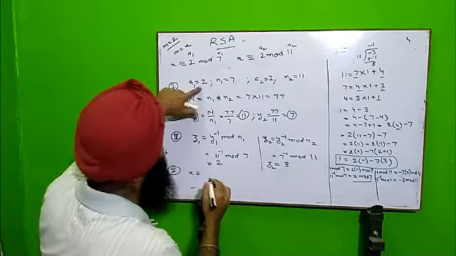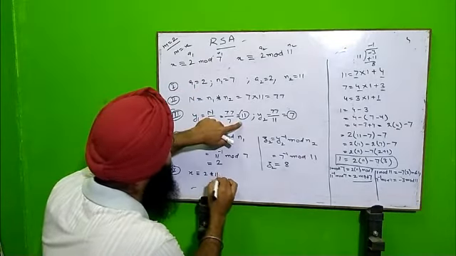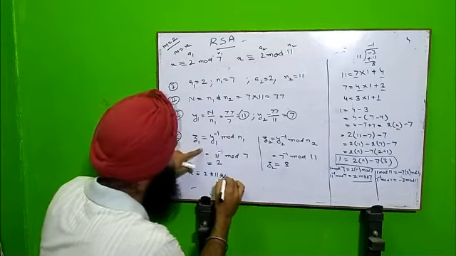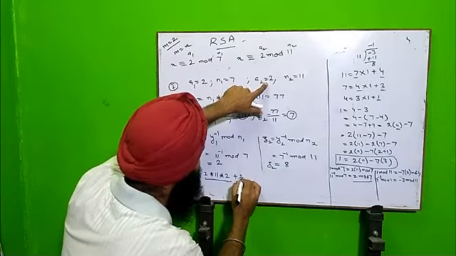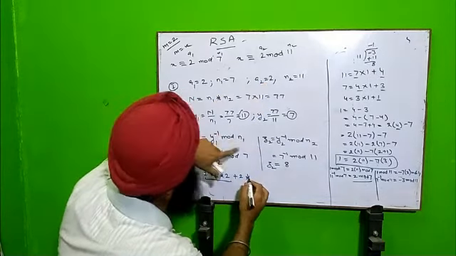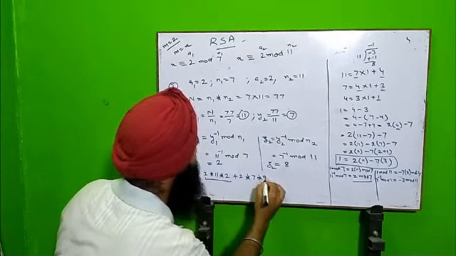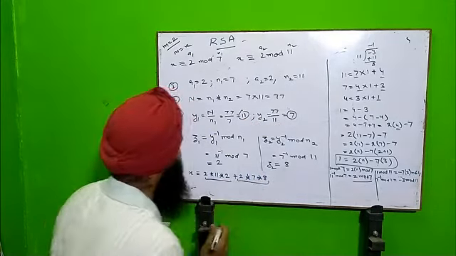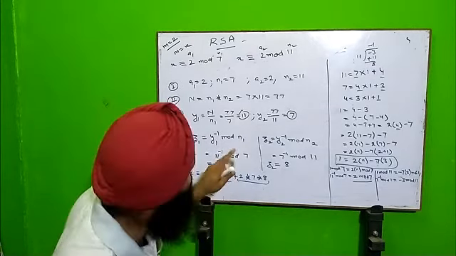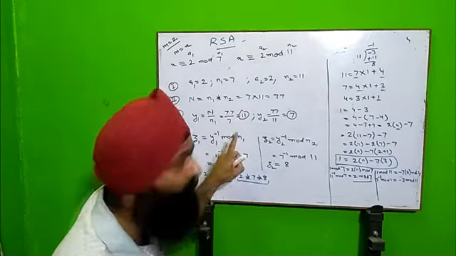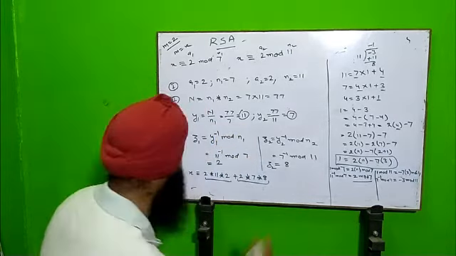So A1 is 2 into Y1 is 11 into Z1 is 2, multiplication of this, plus A2 is 2 into Y2 is 7 into 8. If you are having some confusion regarding this, you can watch my video on the Chinese Remainder Theorem. Then that would be crystal clear to you.